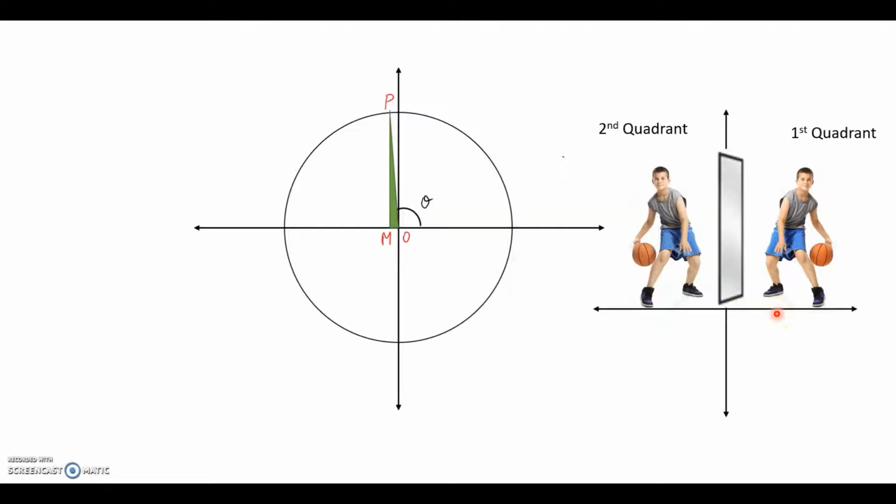This is the reason why we have a reflection on the other side, or in other words, we are describing the reflection by a negative value. So similarly, this triangle is nothing but a reflection of another triangle on the first quadrant.